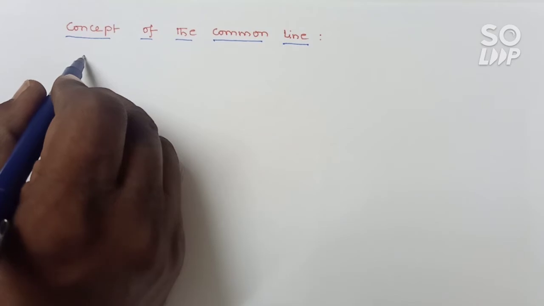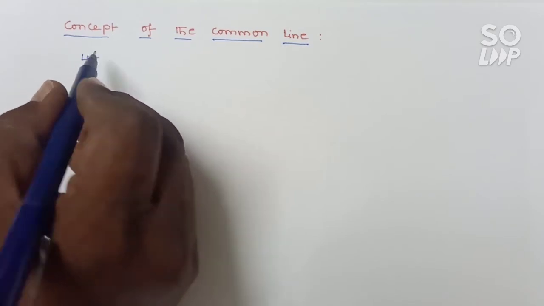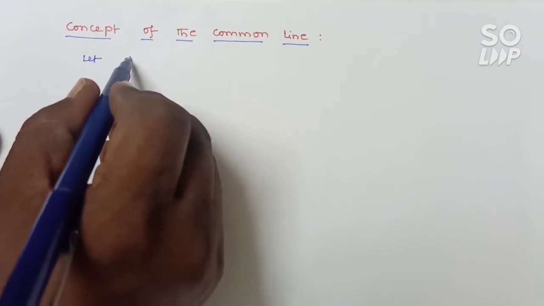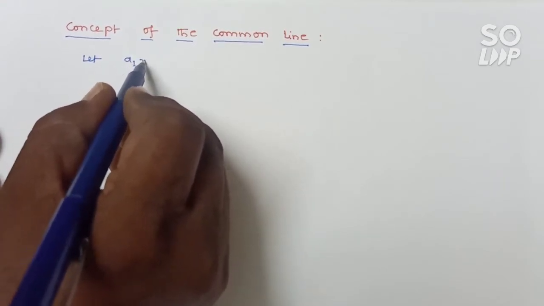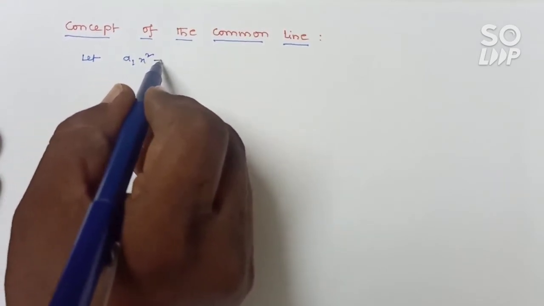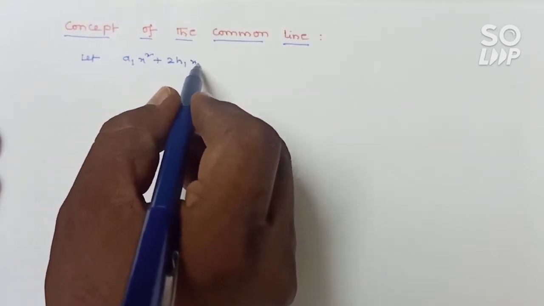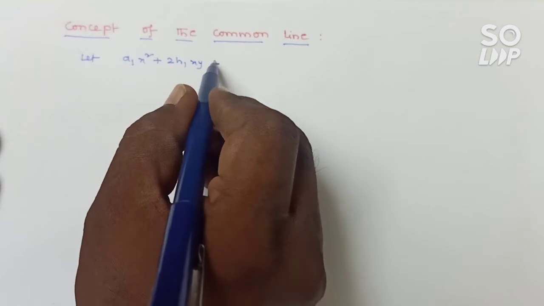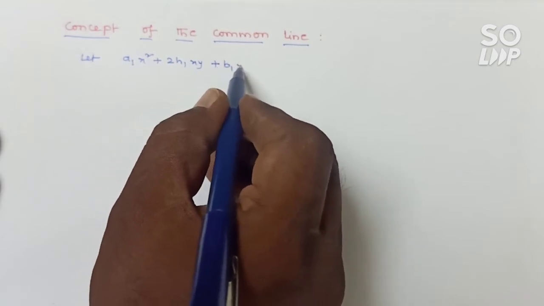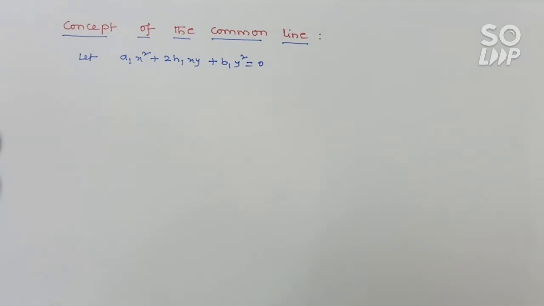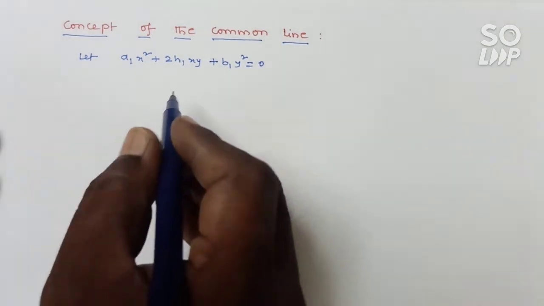Say, let you take the two pair of equations: a1 into x square plus 2h1 into xy plus b1 into y square is equals to 0. This is the one pair of equation.